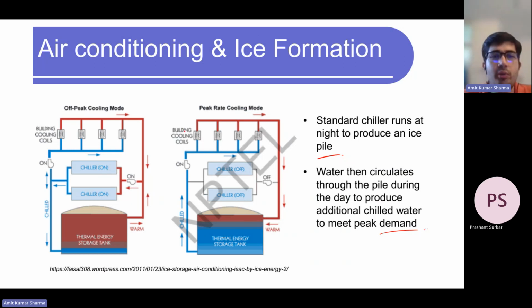There we are not using a normal air conditioner, but chiller units. We supply chilled water through radiators or pipes, and the air circulates around those pipes. In that way we meet the cooling demand.